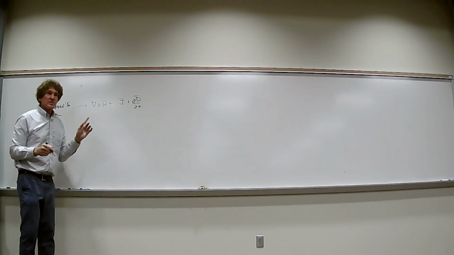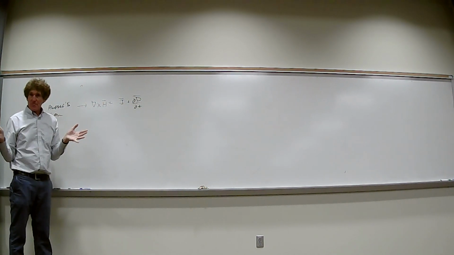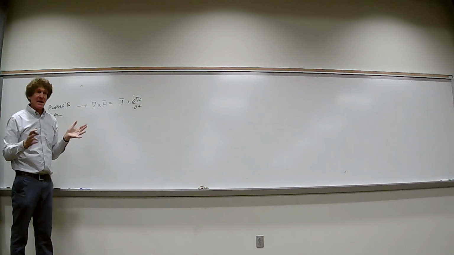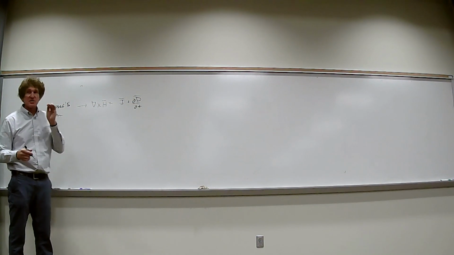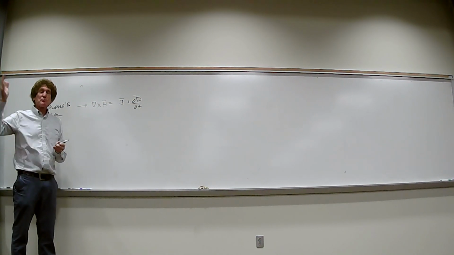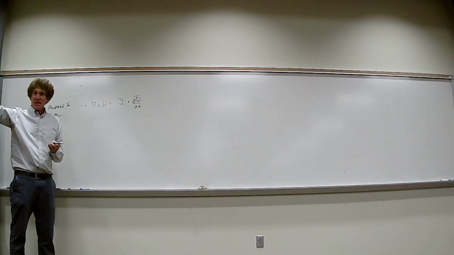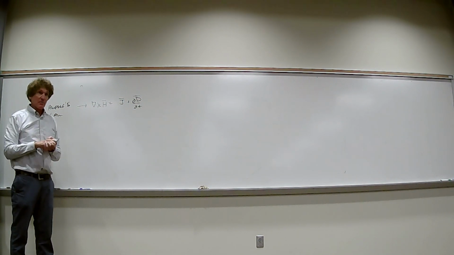Now, what you're used to seeing is curl H is J, right? That's if it's steady state J. There's no time. If you have time variation, you have to add that. That's called the displacement current. How many have heard of displacement current or displacement current density? Remember that in physics? That explains the phenomena that they have observed.